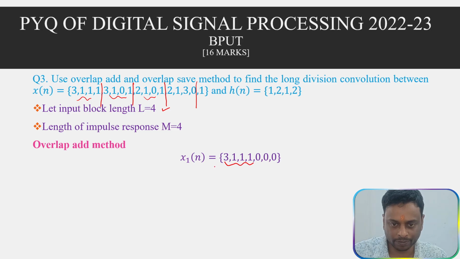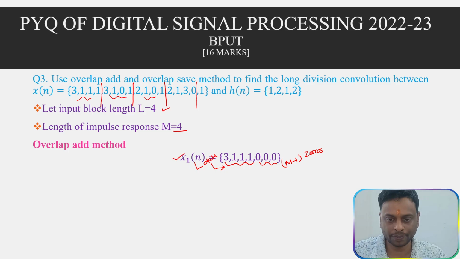Then you have to append m minus 1 zeros to x1 of n. Here m is 4, so the number of zeros you have to append is 3. So in total it is 4 plus 3, so this x1 of n is of size 7.